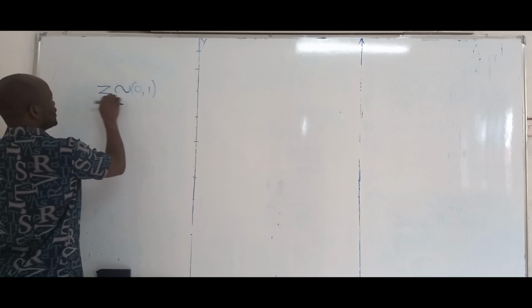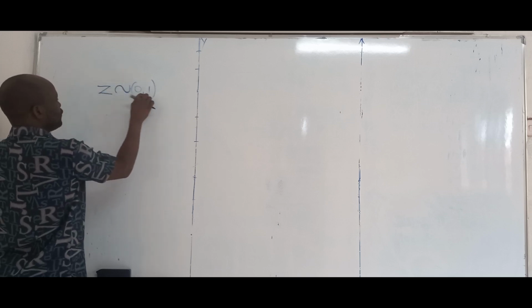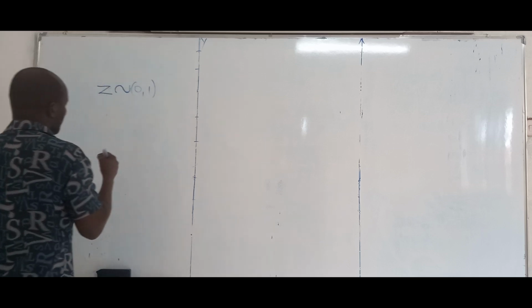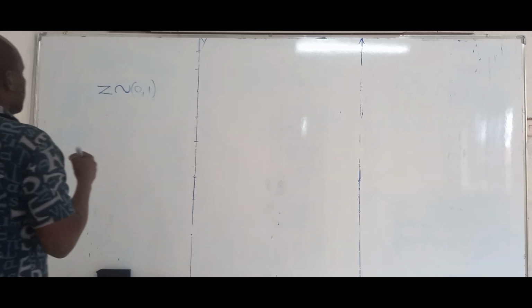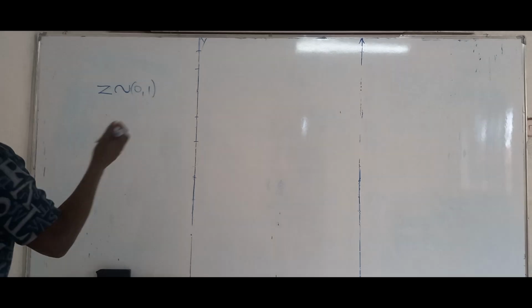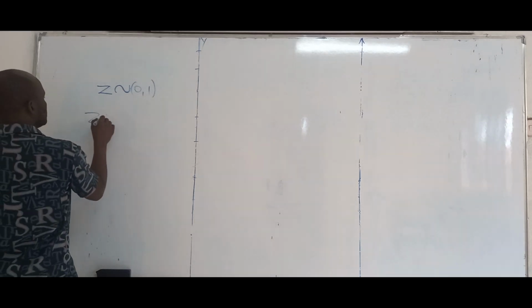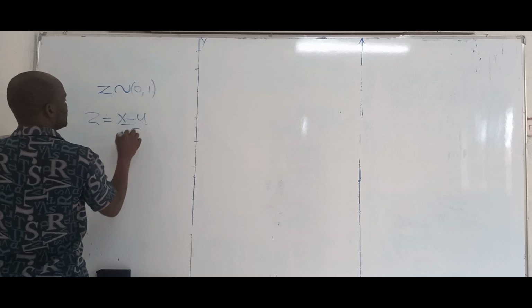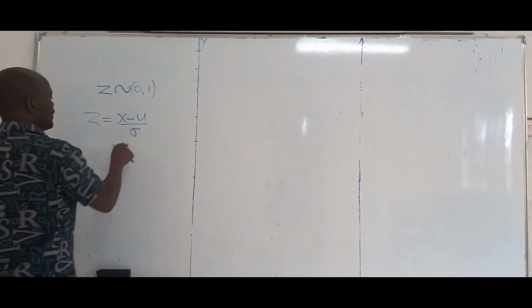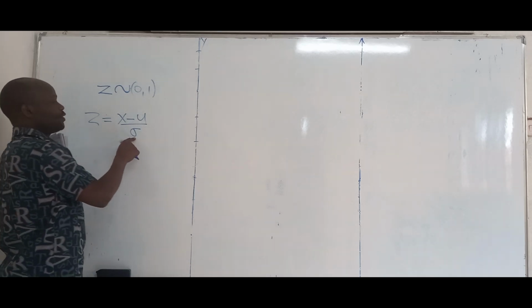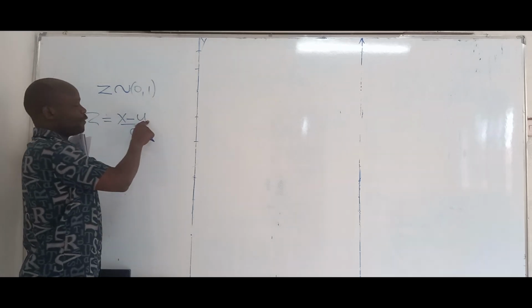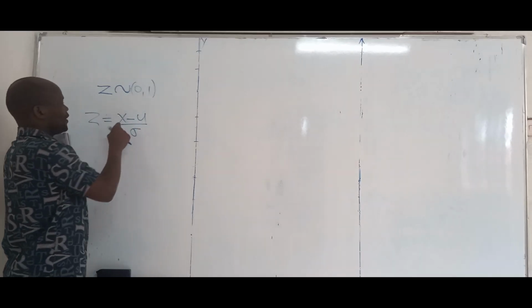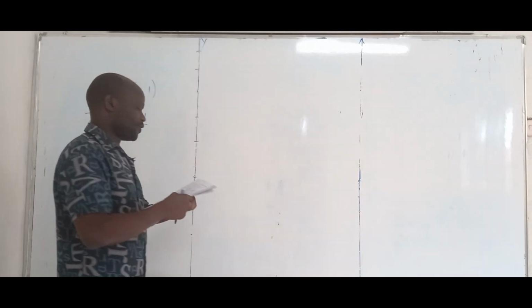So this is a standardized Z value with a mean of 0 and a standard deviation of 1. In our case, we are given a probability, and the way we standardize is Z is equal to X minus mu over sigma, where sigma refers to the standard deviation, mu refers to the mean of the observations, and X refers to a particular observation of interest.